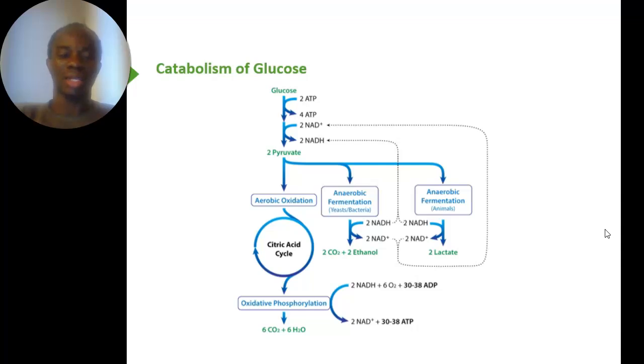Another thing is that the citric acid cycle is also linked to a system called the electron transport chain. In this electron transport chain, what you have basically is electron transfer to oxygen in order to generate water.